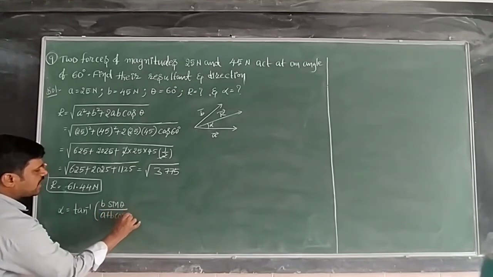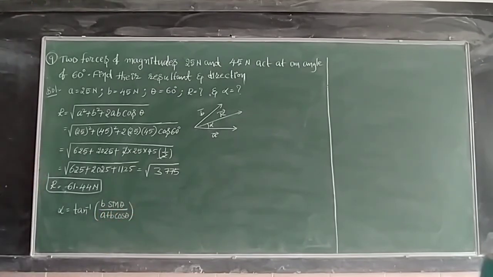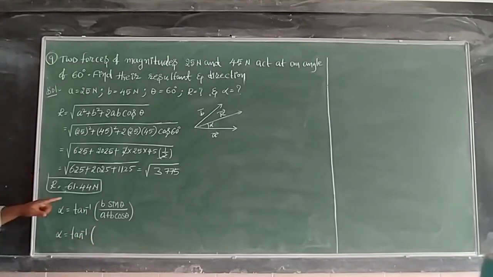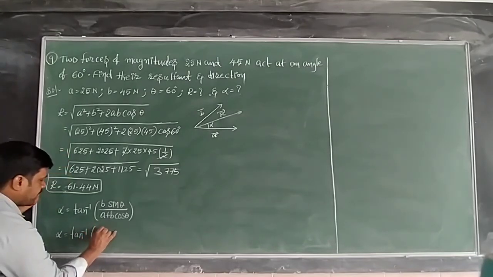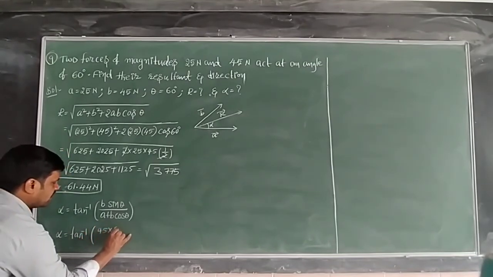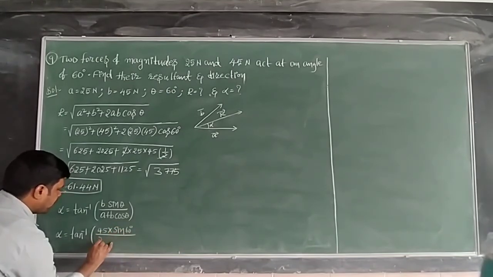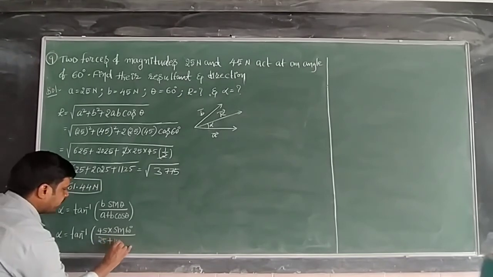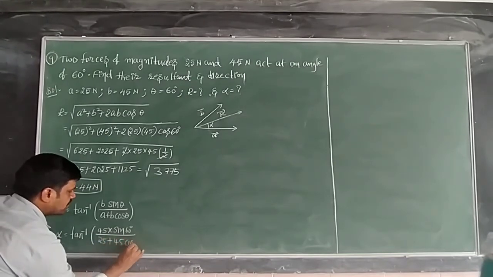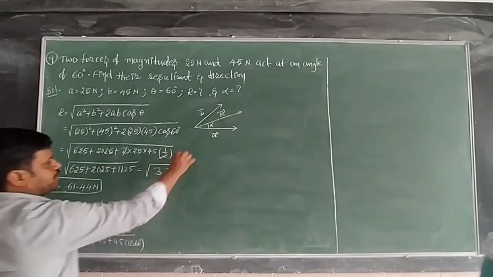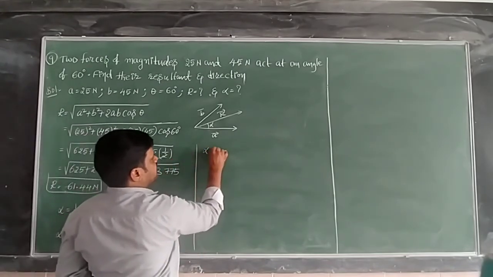This formula I have derived in the parallelogram law of vector addition. From this, alpha equals tan inverse of 45 into sin 60 degree divided by 25 plus 45 into cos 60 degree.